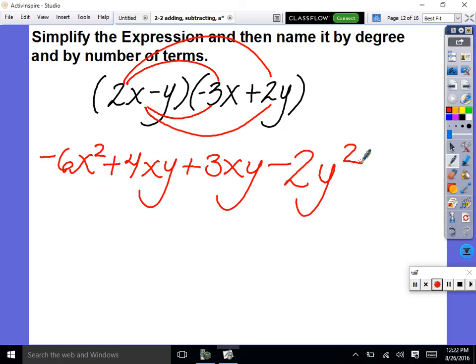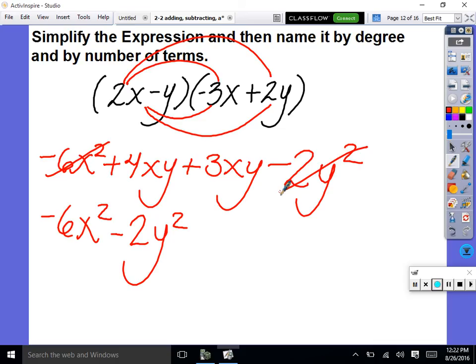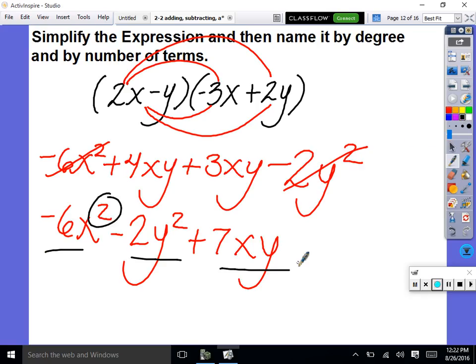Now we'll reorder it in standard form and combine like terms. We have negative 6x squared, no other x squareds. We have minus 2y squared, can't combine it with x squared. And then we have 4xy plus 3xy, which is 7xy. Now we'll name it by degree and number of terms. Quadratic trinomial, right? Yeah.